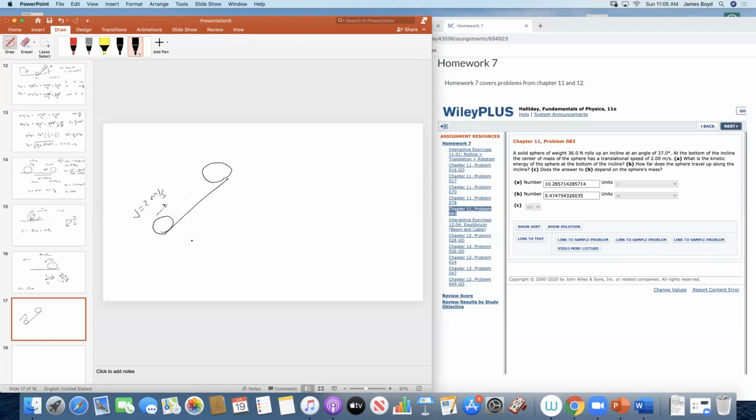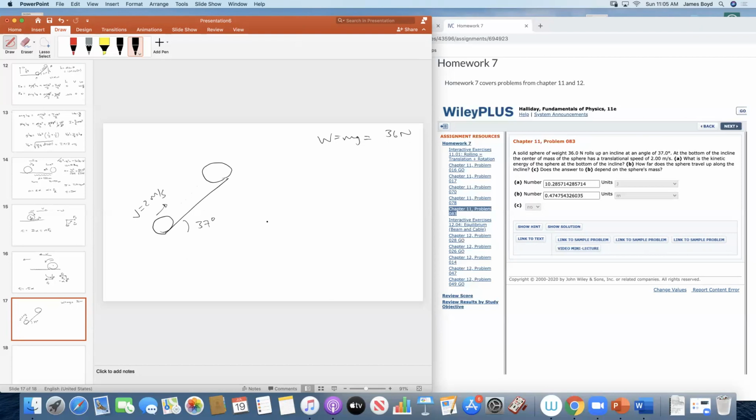And we know the incline is 37 degrees. It has a weight. We're told the weight, which is mg, is 36 newtons. We may need that to find m. What is the kinetic energy at the bottom of the incline?